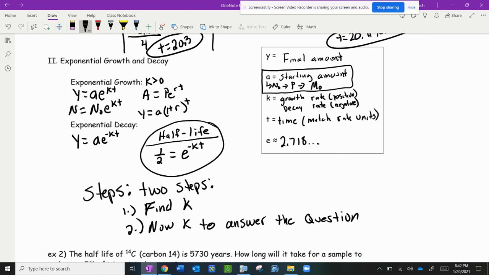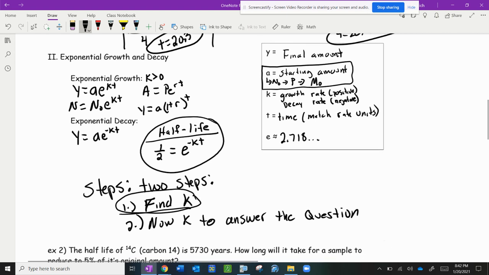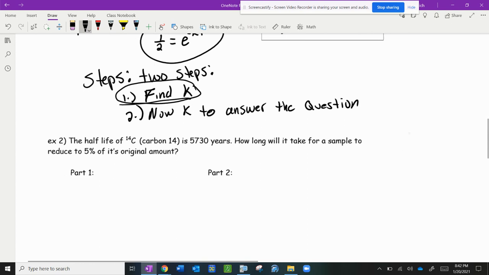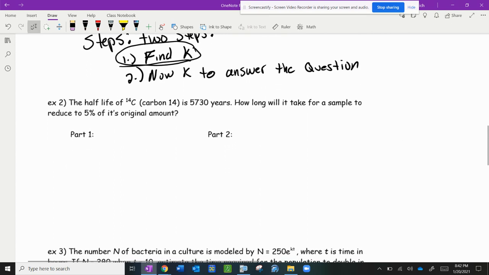Usually you're always going to have to sidestep and go, I can't answer the question yet because I have 2 variables. So I'm going to first solve for my k. And now once I have k, I can go back and answer the question with k plugged in. And we'll look at an example right here. You can see part 1 and part 2 there for us.